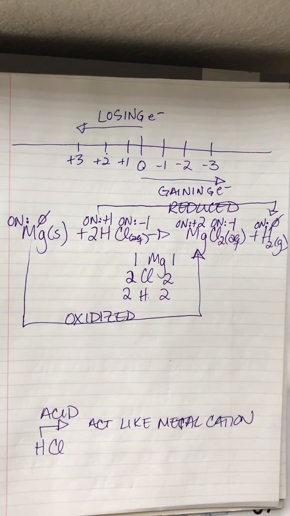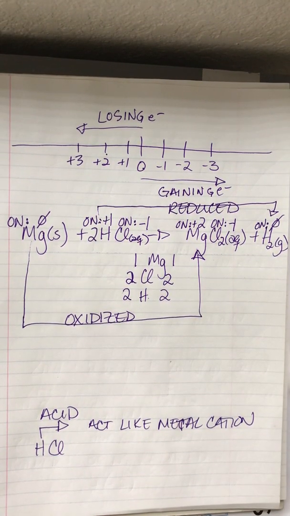Yeah, the number line helps a ton. I really think the visualization is helpful. I tell students to write it down every time you're doing these problems, because it's really hard to think about electron math because it's got a lot of opposites.